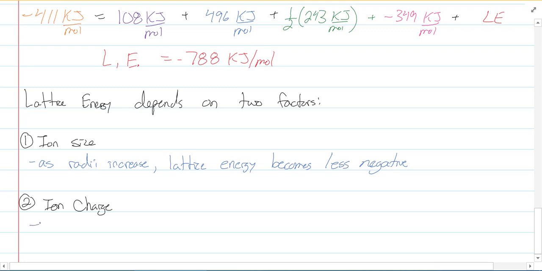Ion charge, as charge increases, whether it be more positive or more negative, as it increases, lattice energy becomes more negative.